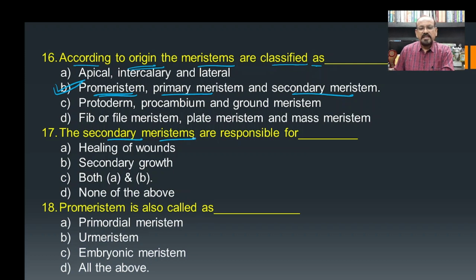The secondary meristems are responsible for the healing of wounds as well as the secondary growth of the plant body, and hence both A and B will be the answer for this question. Then, the promeristem is also called the primordial meristem. It is also known as the embryonic meristem, and hence D will be the answer for this question.